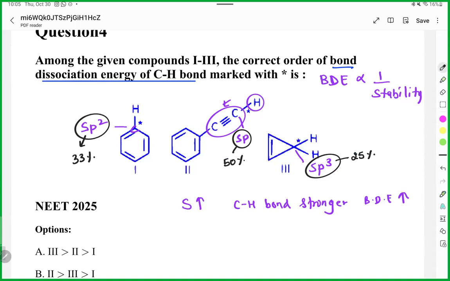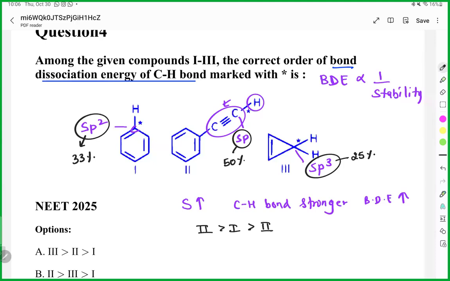One fourth. 3P and 1S, total one fourth. Correct. Where we have maximum S character, second number first, and then first, third number least. Yes or no? Yes.